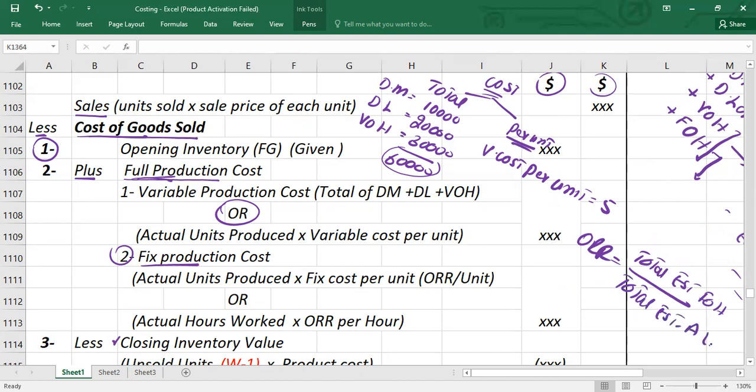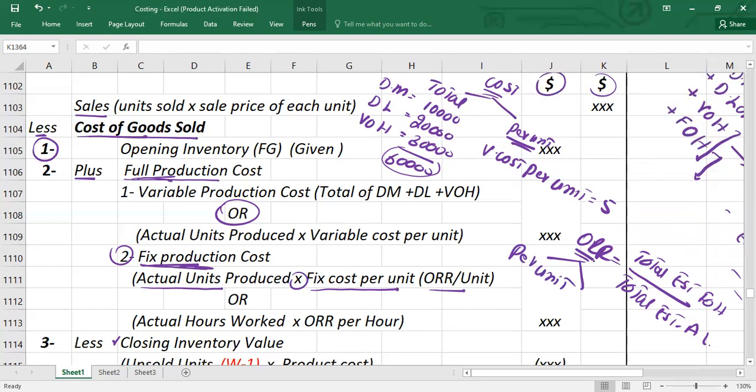Labor hours, machine hours, or units produced. Any base will be given. So you have to check the overhead recovery rate. If the overhead recovery rate is given in per unit terms, for example, he told you the recovery rate per unit is $3, then in that scenario, how can we calculate the fixed production cost? We need actual units produced times fixed cost per unit, which is also called the overhead recovery rate per unit.